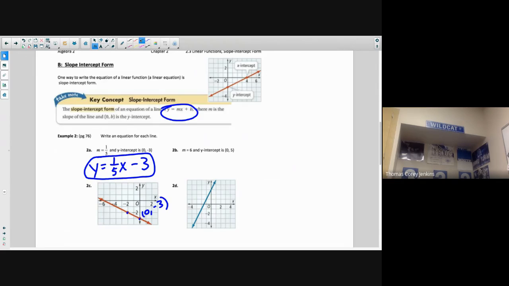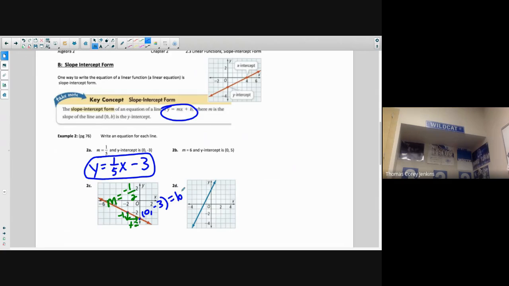So from point to point, let's go from the left one to the right one. So I'm going to rise -1, and I'm going to run 2. So the slope is -1/2.